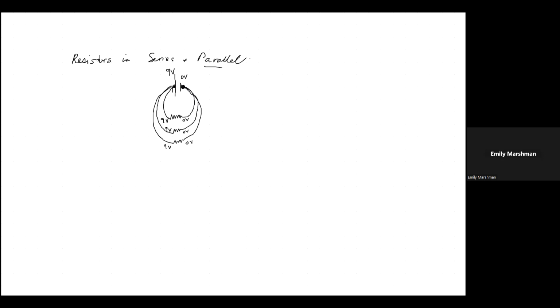The way we normally draw resistors in parallel, like in the textbook, it looks something like this. So let me draw it over again. Here's a 9-volt battery, and I can draw it like this.